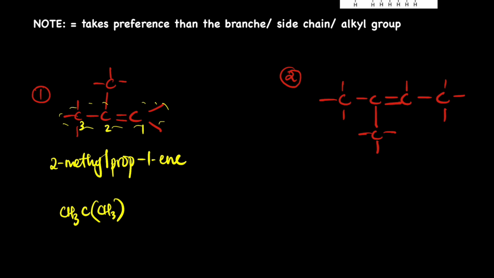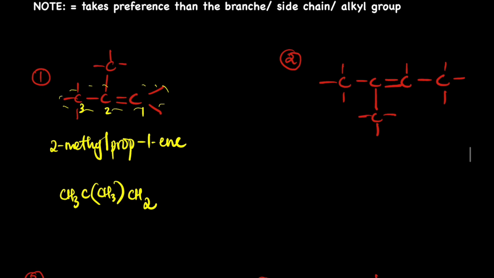And then you can say CH2. So that means here there's a double bond between these two. Okay, let me use another way. You can say CH3 and then C, and then CH3, and then double bond, and then CH2, right? Those are the condensed structures for that.